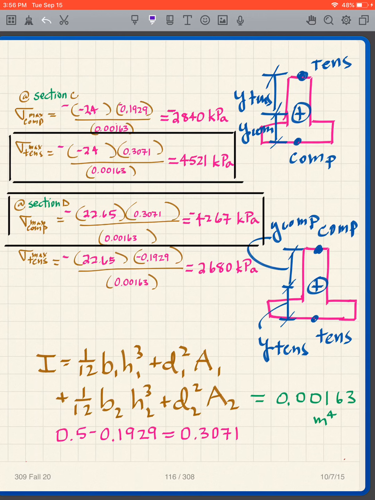And then I do the bottom for this one, for instance, and I put in negative 0.1929. In other words, that's my distance here. And it's below the axis, so it's negative.